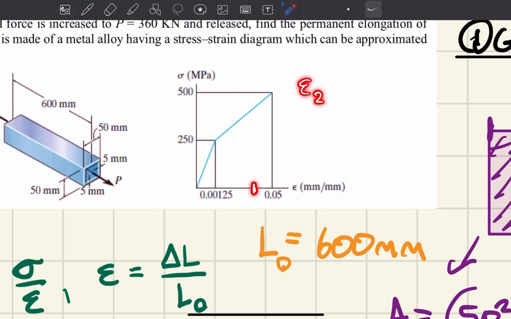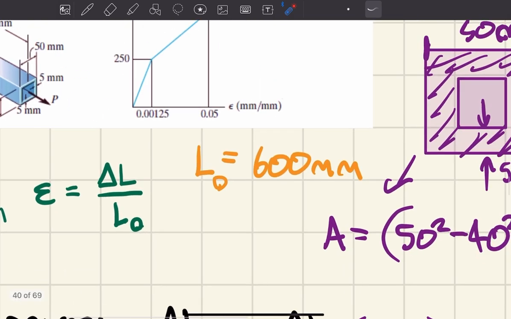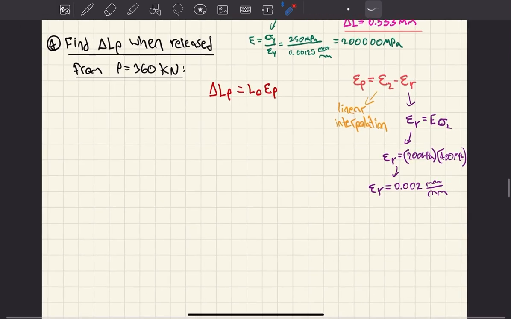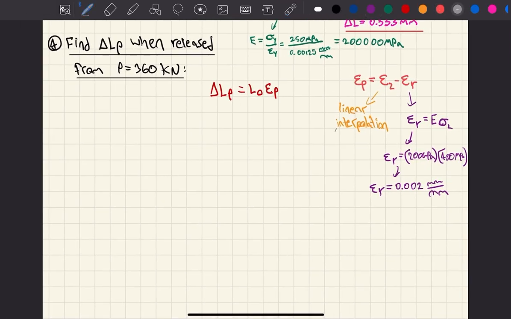Okay, so that's how it works. Basically, I'm comparing the slope of this part of the line with this part of the line because I know they have the same slope. If you do that linear interpolation, you're going to get epsilon 2. I keep saying sigma, I apologize. You're going to get that epsilon 2 is equal to 0.0305 millimeters per millimeter. Beautiful stuff.